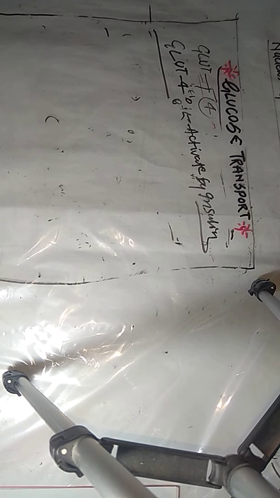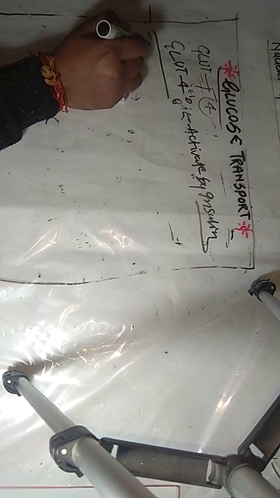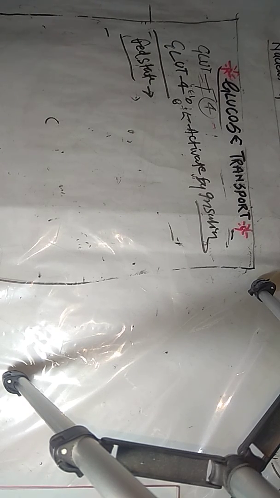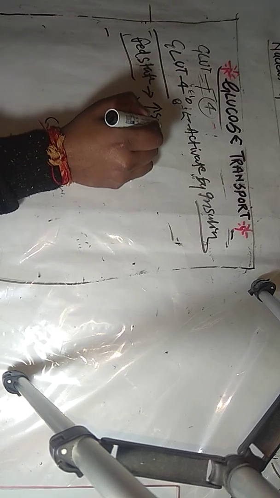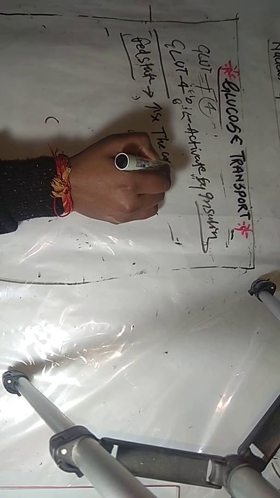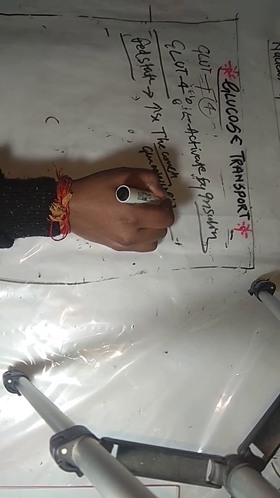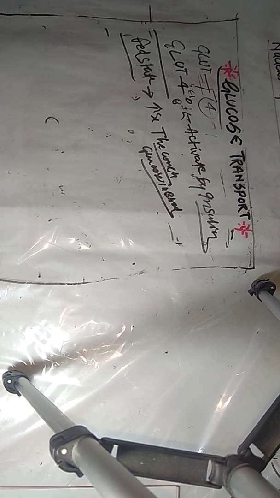Actually, what is the sequence? How is it going to be activated? Suppose a person is in the fed state. In the fed state, there is an increase in the concentration of glucose in blood, because we eat carbs and other saccharides that form glucose in the blood system.